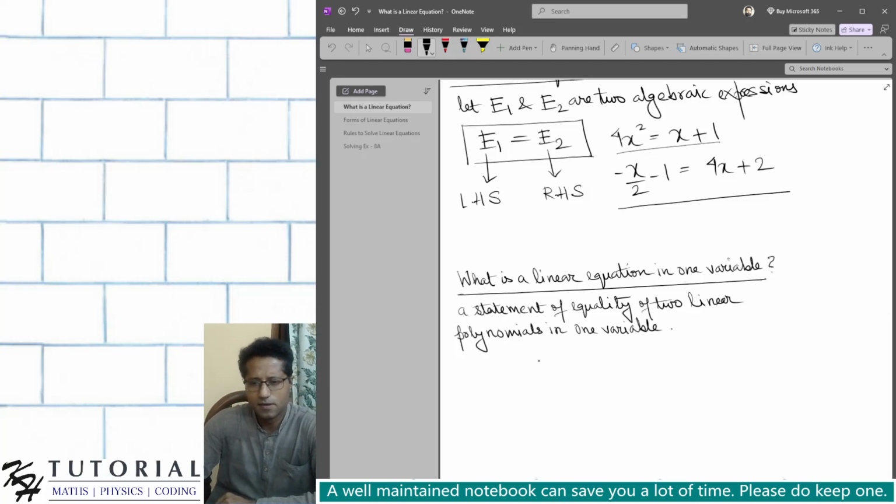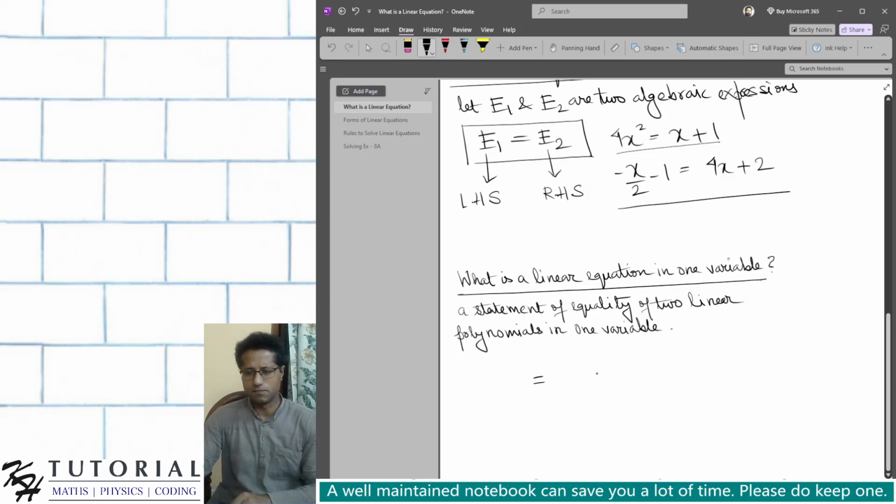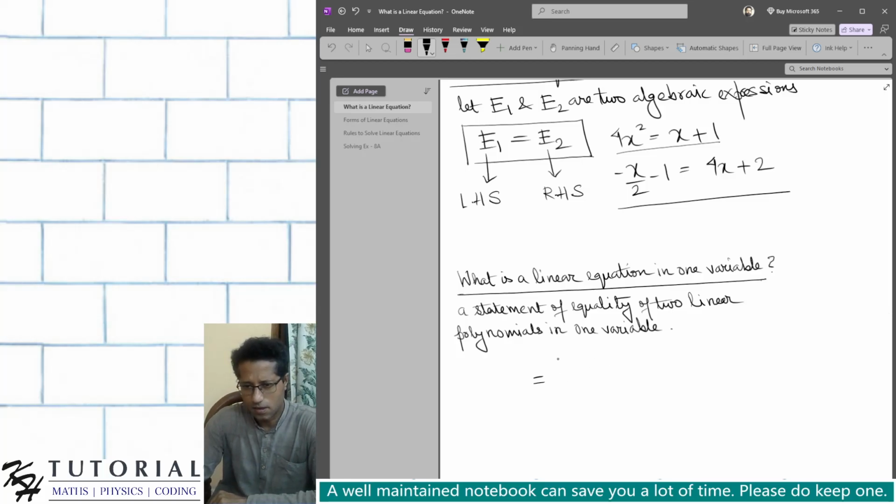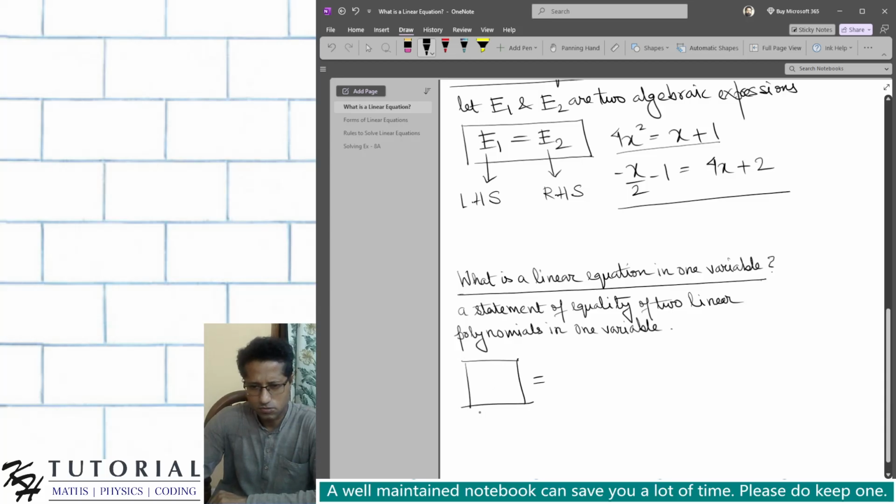Definitely we will have a statement of equality, that is, there will be an equality sign, and on the left hand side, the LHS, we will have some algebraic expression, and on the right hand side, the RHS, also some algebraic expression.